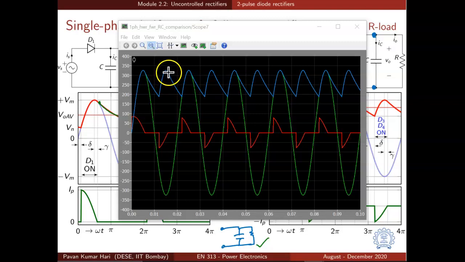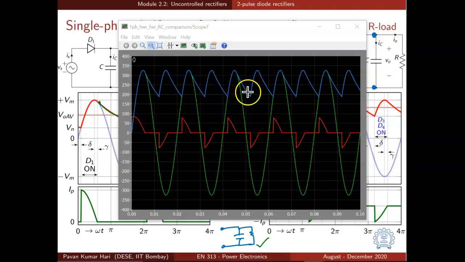And then after 3 pi by 2 plus gamma, the diodes D3, D4 will stop conducting again. So the output voltage will fall exponentially to some minimum value. This minimum value is the value on the sine waveform which is equal to the exponential fall value. Then the diodes D1, D2 start conducting again, and the cycle repeats.